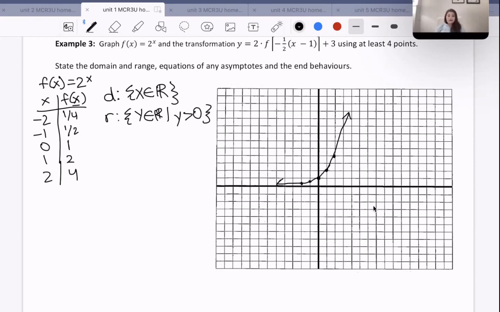But there is no way to put any x value in and end up with f of x being a negative number, because it's not negative 2 to the power of something, it's positive 2 to the power of something. And positive 2 to any power, even a negative power, will always give us something strictly positive. We can get close to 0, but we can never actually get to 0, and we can certainly never get past 0 into the negative. And that's why the range is only this.